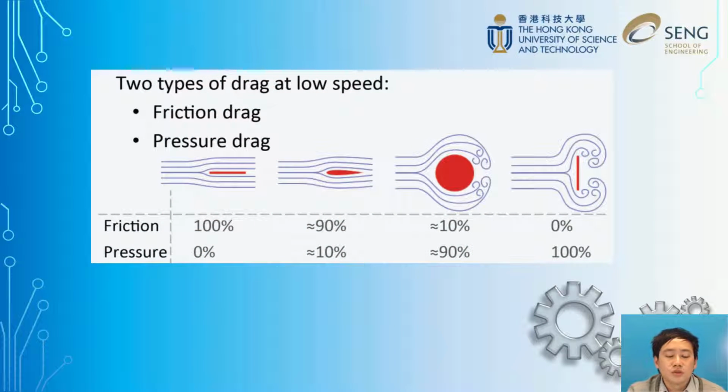So here is a picture that will give you a basic understanding about what kind of drag you are going to consider in the airship design. In the situation where the speed is relatively low, we only need to consider the friction drag and the pressure drag. And the percentage of the pressure drag depends on the shape of the system.